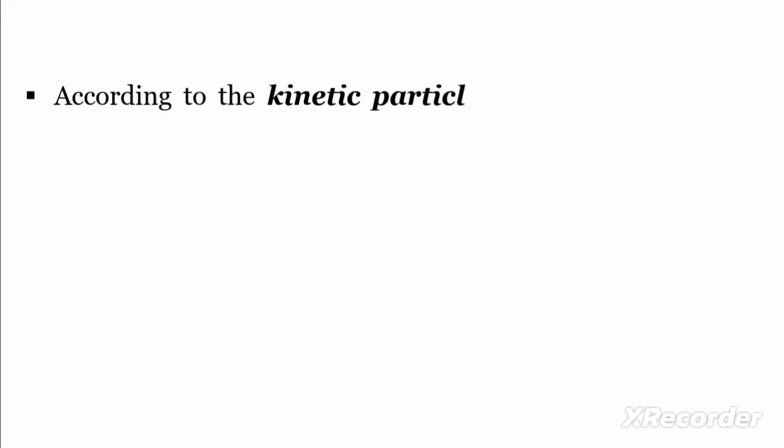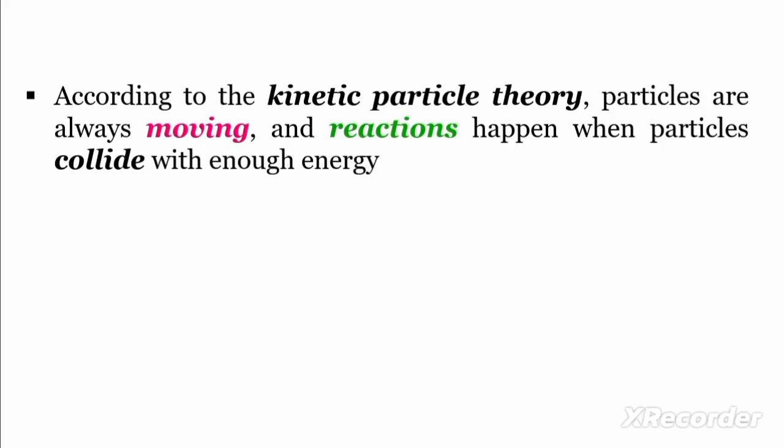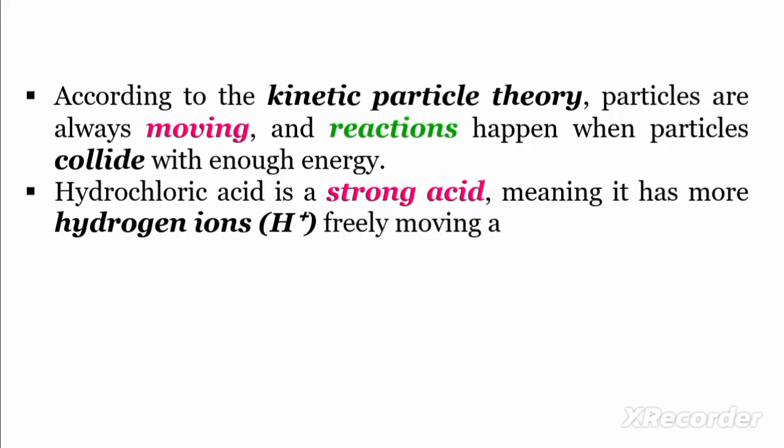So according to kinetic particle theory, particles are always moving and reactions happen when particles collide with enough energy. Okay, hydrochloric acid is a strong acid, meaning it has more hydrogen ions freely moving around.